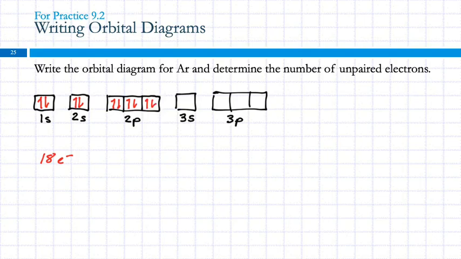Now they have to go up to higher energy. 11, 12, 13, 14, 15, 16, 17, 18. So if we wrote the electron configuration, 1s2, 2s2, 2p6, 3s2, 3p6.